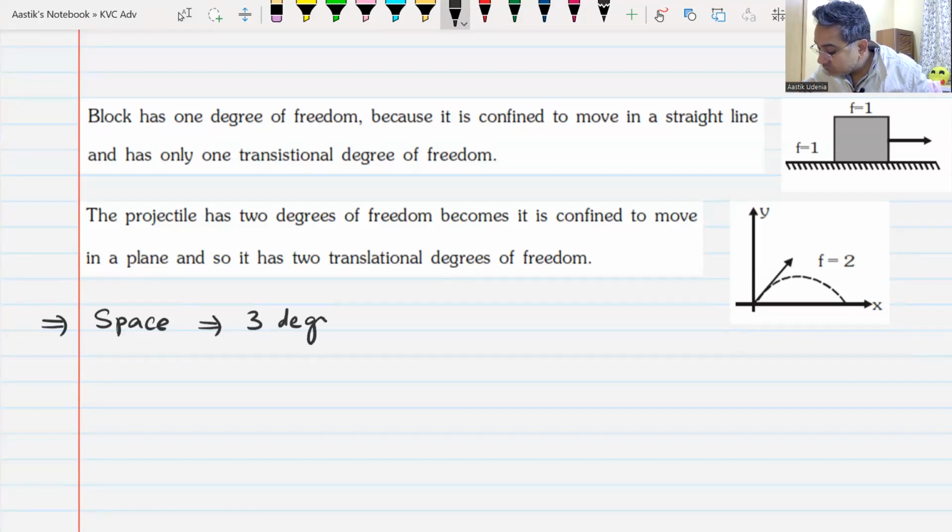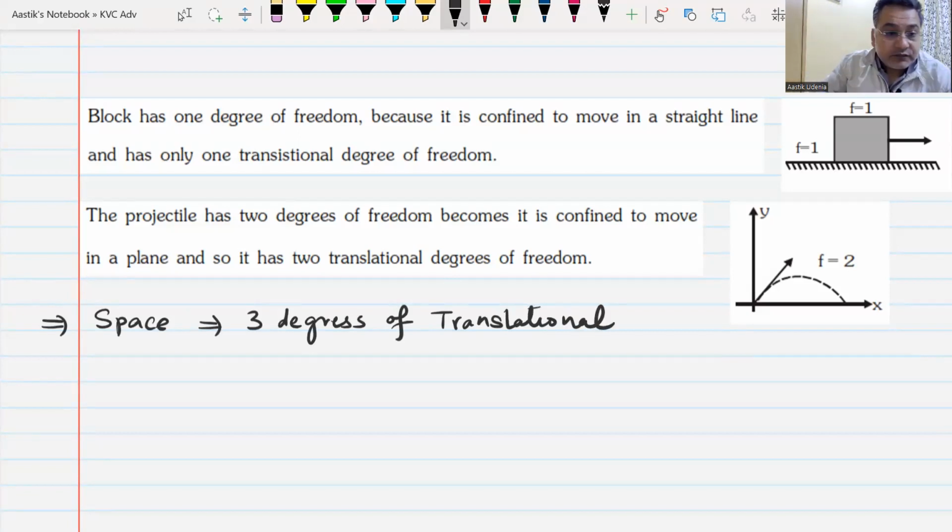Yes or no? Yes, sir. 3 degrees of translational freedom. Let me add that here. Yes or no? Yes, sir.